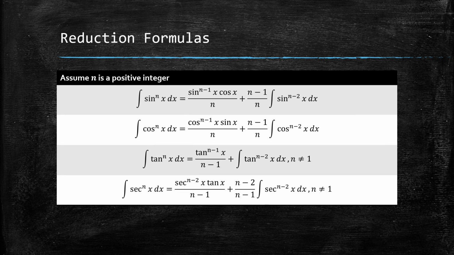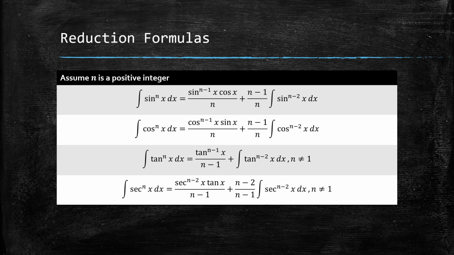Here are the reduction formulas for when you deal with the powers of the trigonometric functions. The integral of the nth power of sine of x dx is equal to the n minus 1 power of sine of x times cosine of x, all divided by n, plus n minus 1 over n times the integral of the n minus second power of sine of x dx.